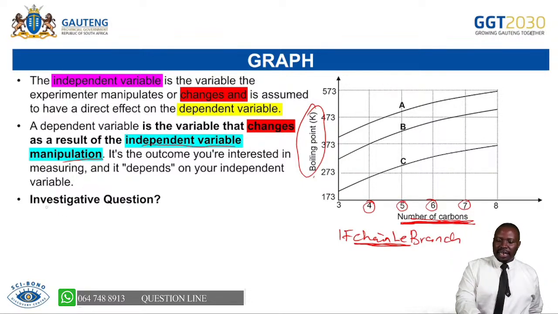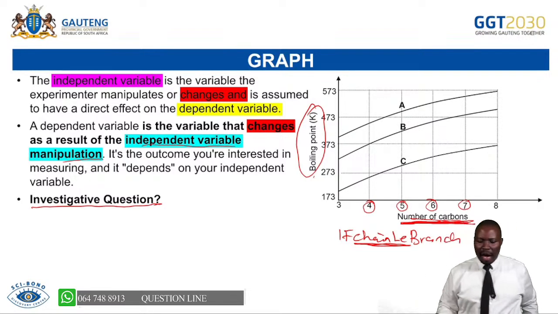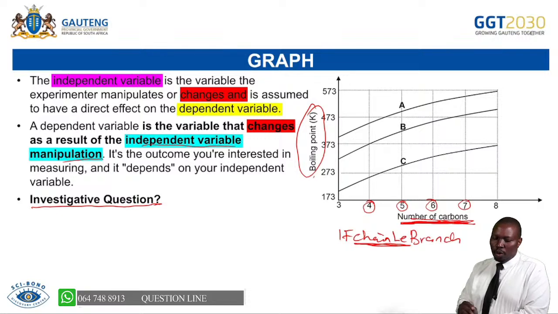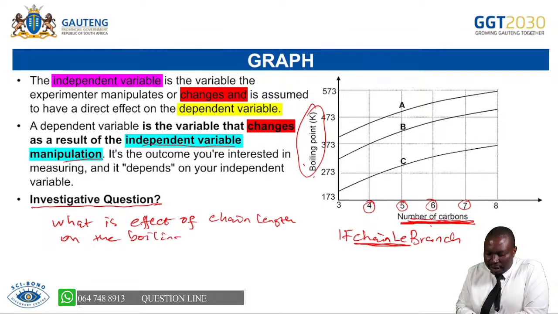And the other thing is that you must be able to generate an investigative question. How do we do that then? You are going to always identify the independent variable and the dependent variable. Hence, you are going to look at what is the relationship, or what is the effect. What is the effect of increasing chain length on the boiling point of the substance?